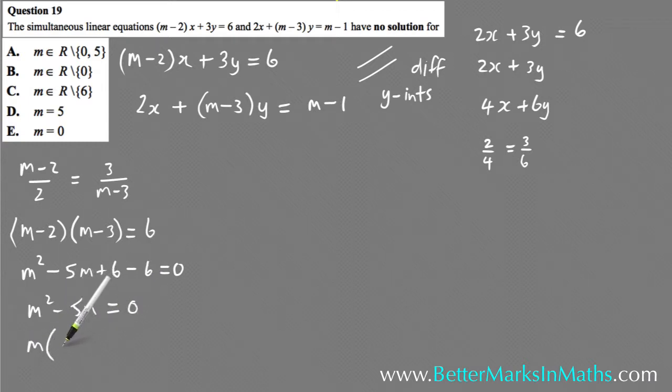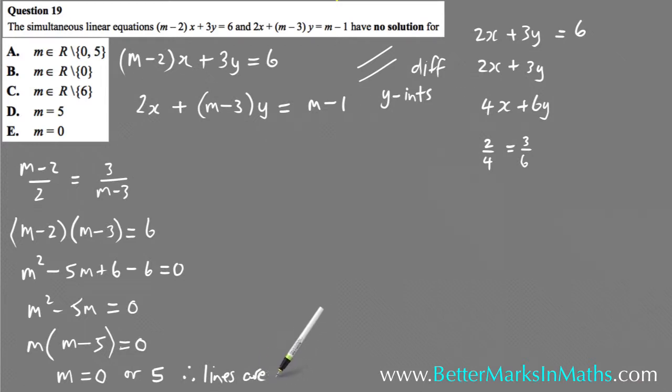Factorizing that, you get m times (m minus 5) equals 0. From there, m equals 0 or 5. And so the lines are parallel for either of those two values.